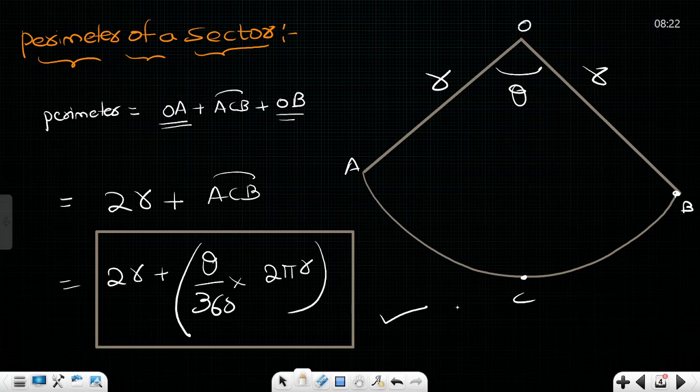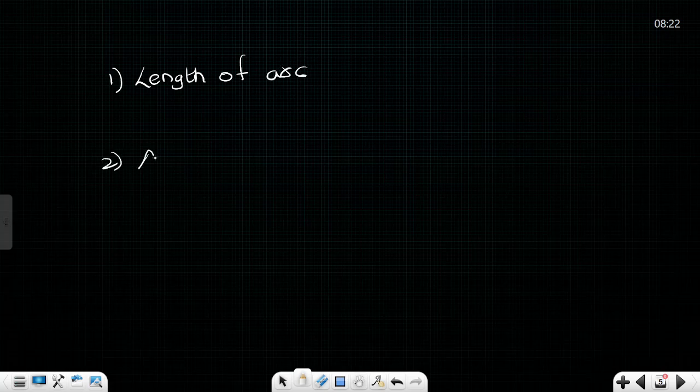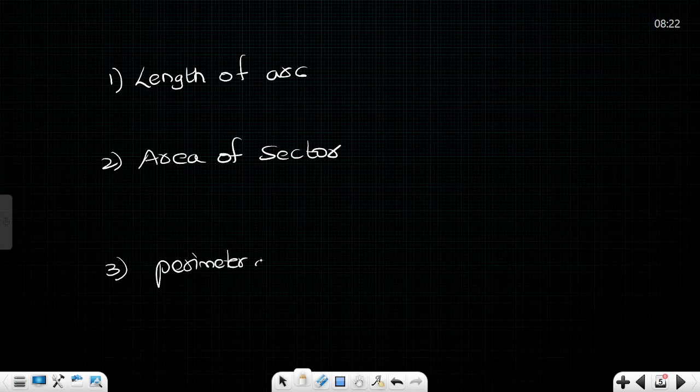Okay, I'm going ahead, Akshita. Now in this thing we learn three things: length of arc, area of sector, and then perimeter of sector.